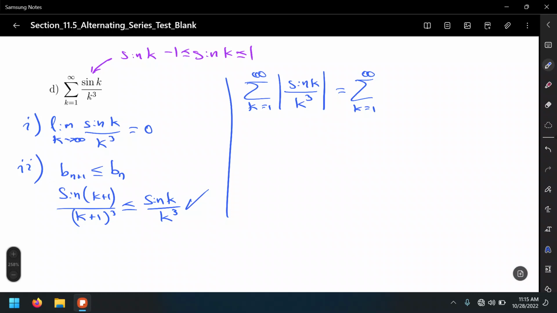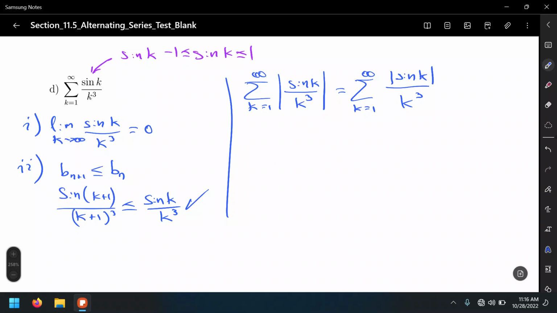You know, when we cube a negative number, we get a negative number. But when we cube a positive number, it's always positive. So in this case, because we're interested in the interval between 1 and infinity, the absolute value bars are not necessary for the k cubed. However, they will be necessary for sine k, because from 1 to infinity we have the sine function going between -1 and 1, and all the values in between.